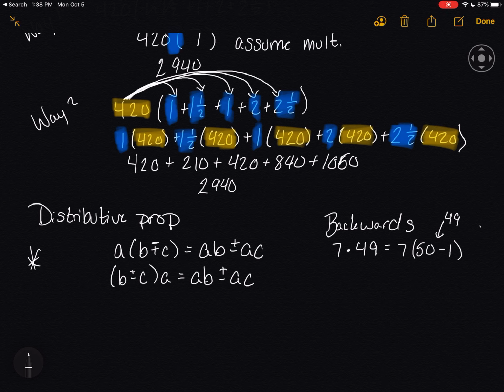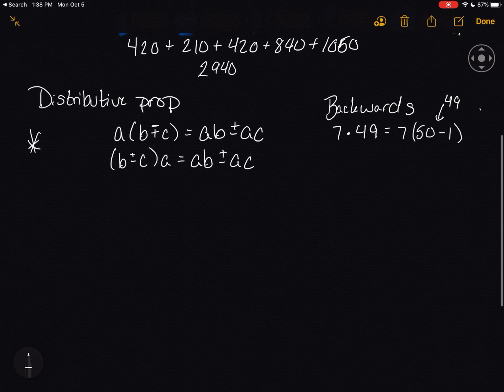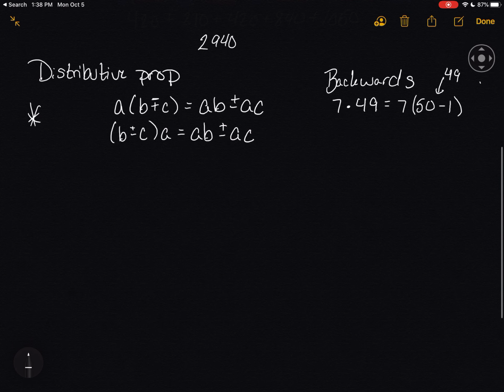So either way works. We use the distributive property a lot when it comes to word problems, and as you know, I like word problems. I like giving them to you because they're very applicable to how we actually see these things being used in real life.